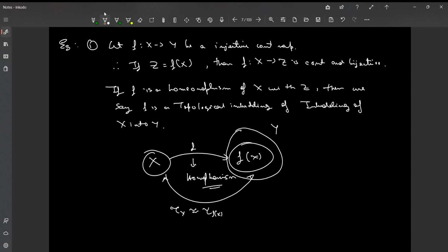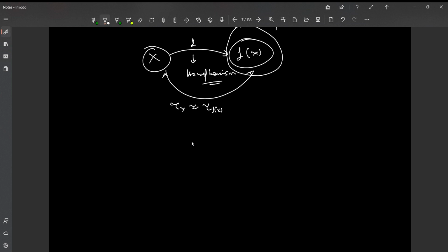So fx is contained in y. Therefore x can be typically considered to be a subspace of y due to this homeomorphism, and hence we say that x is embedded into y. Okay, that is the precise thing. Clear? Okay. So let's check a few examples.